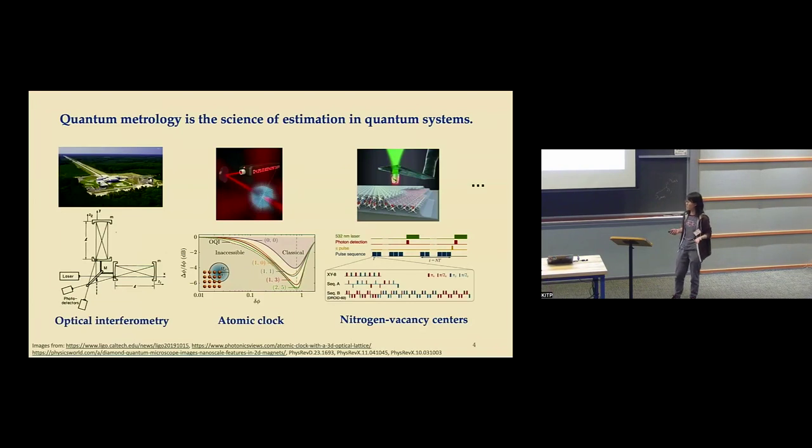The second example is the atomic clock. You have a bunch of cold atoms, whether entangled or not, and you try to use them to detect the laser frequency. There can be other examples, like using nitrogen vacancy centers to detect electric field or magnetic field, and so on.